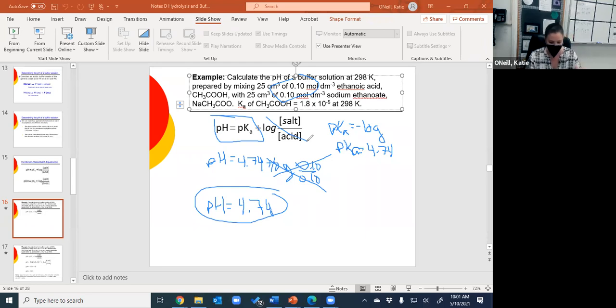That's actually really important. When a buffer contains the same concentration of the weak acid as the concentration of the salt of the strong alkali, aka the conjugate base, then we know that the pH is equal to the pKa. And on the flip side too, we also know the pOH is equal to the pKb.